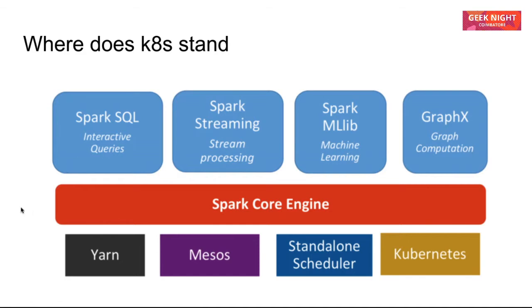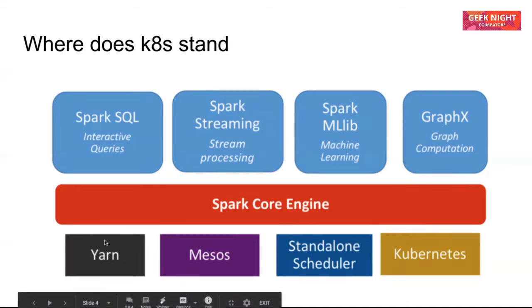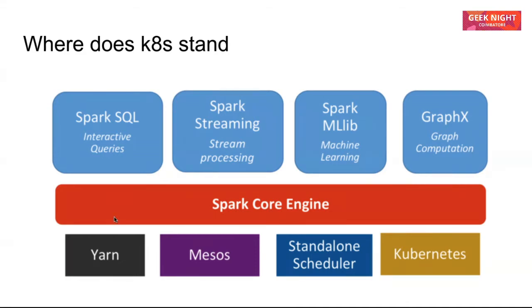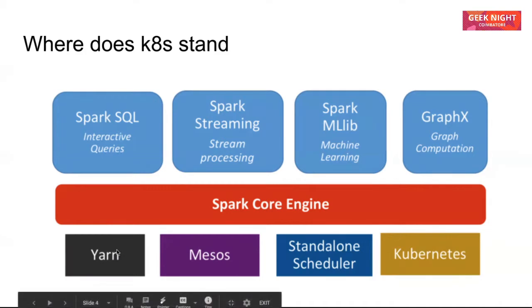So those kinds of interactions will happen by Spark Core with the resource managers, and that happens to be Mesos, or there is a built-in standalone scheduler as well with Spark. And this is where Kubernetes comes in as another resource manager for Spark.